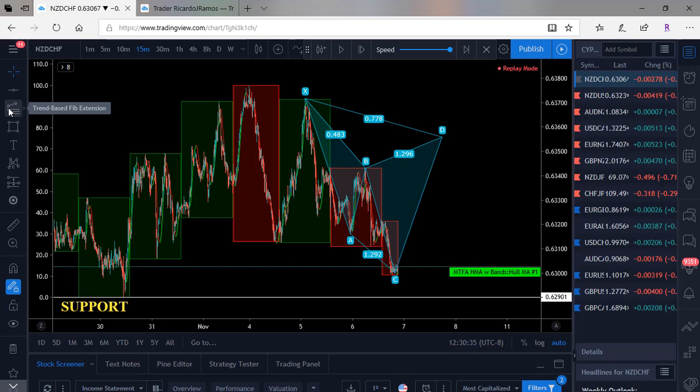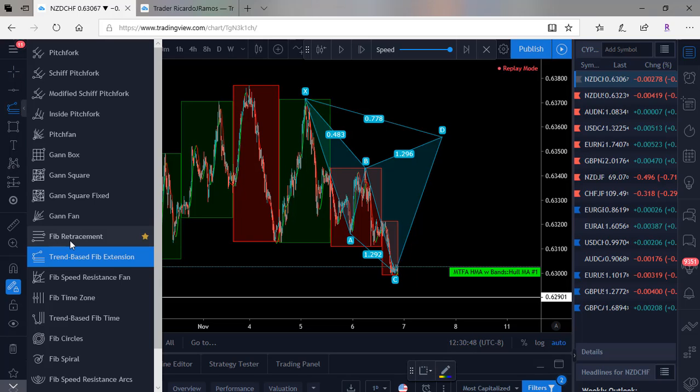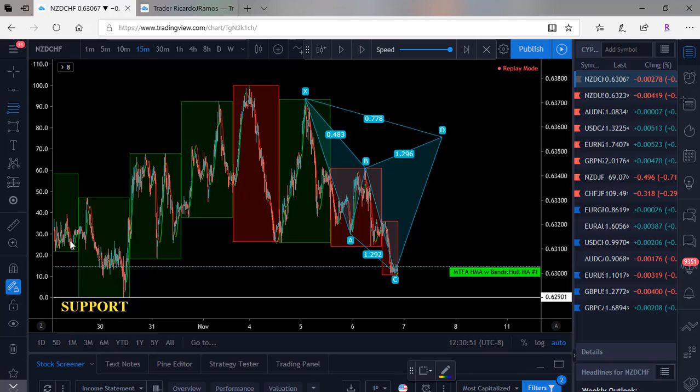Before we even start analyzing the Cypher, it's very important to first validate that B point. Otherwise, it doesn't make sense to go further with the analysis.